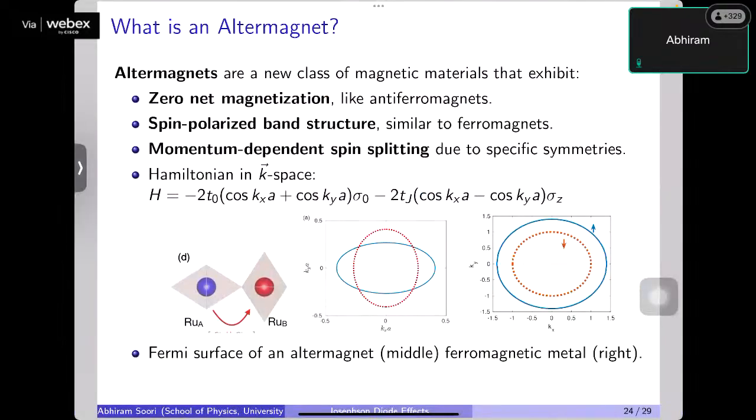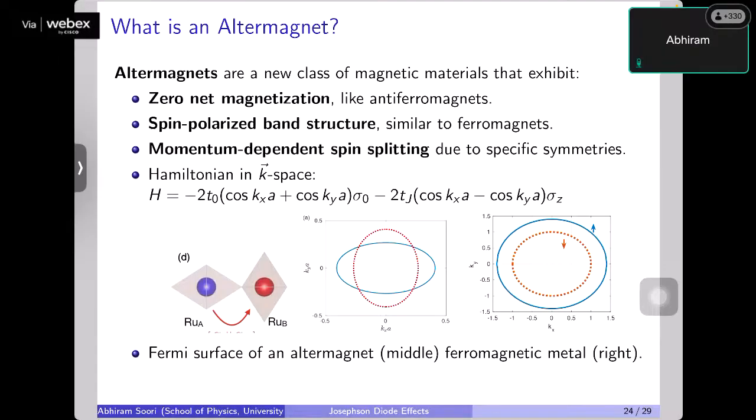This RuO2 is a candidate material for an altermagnet. In this, there are two kinds of Ru atoms, and the environments of the orbitals of the two atoms are like that. The blue atom has the upspin orbital which is elongated along the x direction.